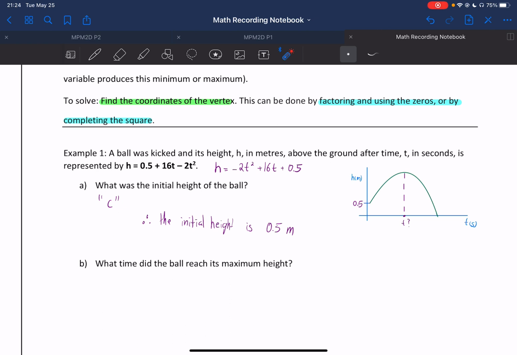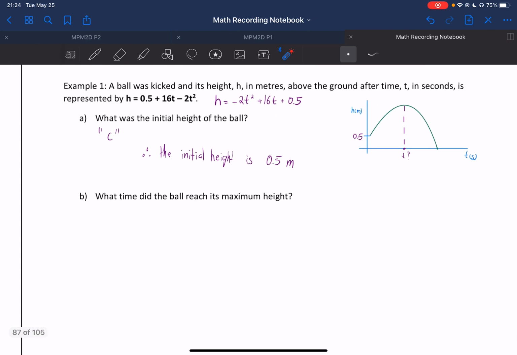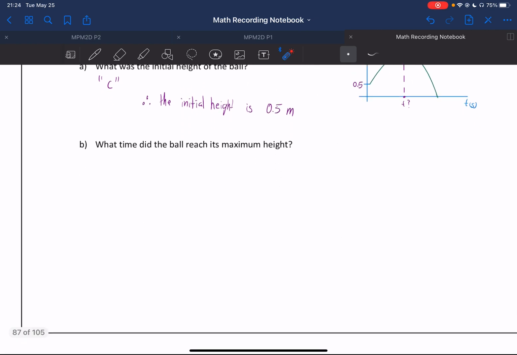Remember, the c is always our y-intercept, and for a lot of these questions asking for height or the initial spot of the graph or the initial time, that's always going to be our y-intercept.